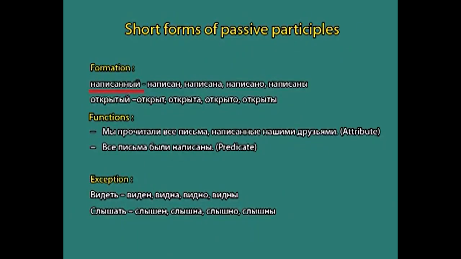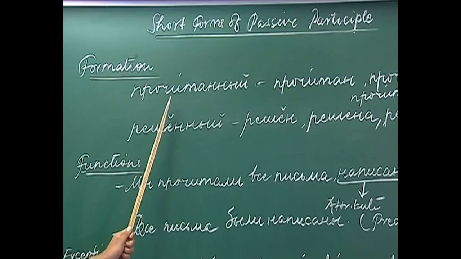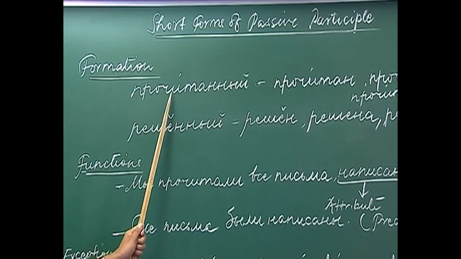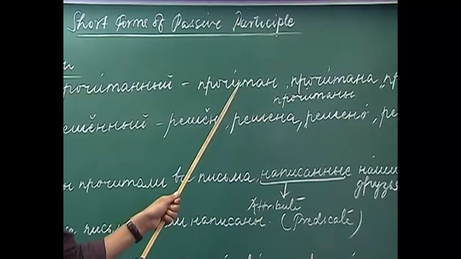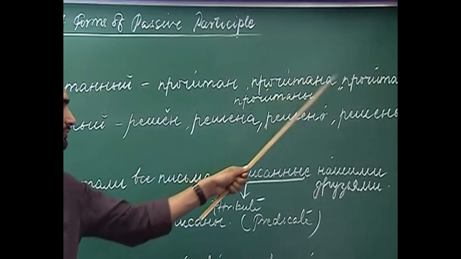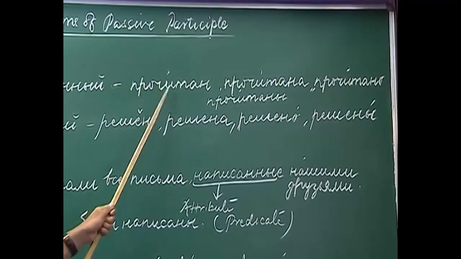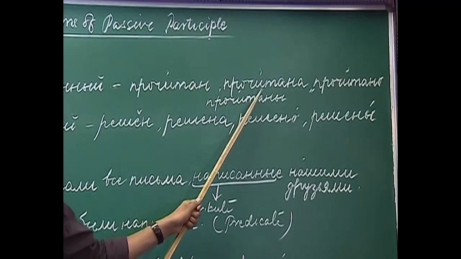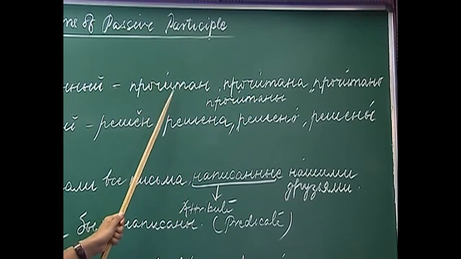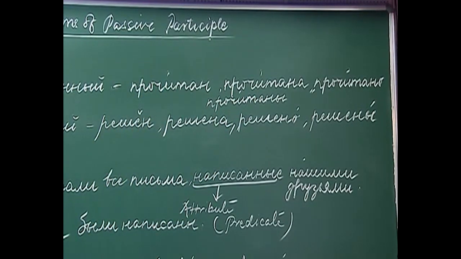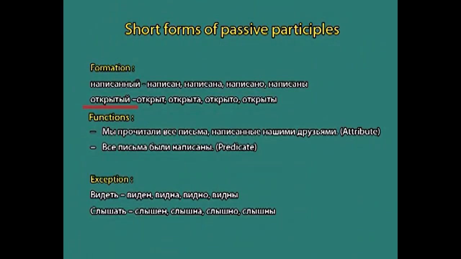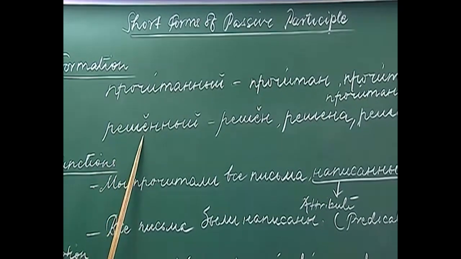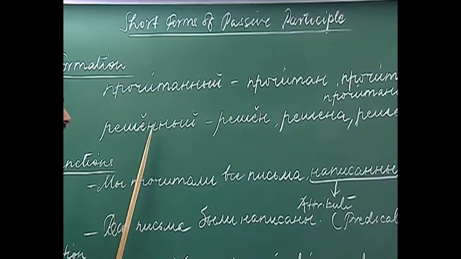For example, prachitanni, as you can see, E here is stressed, and in all the short forms that we have written here, masculine, feminine, neuter and plural, the stress is on E. So, basically the stress is on the same syllable as the full form of passive participle. But if we talk about the passive participle rishyonni, the stress is on yo, the second syllable.